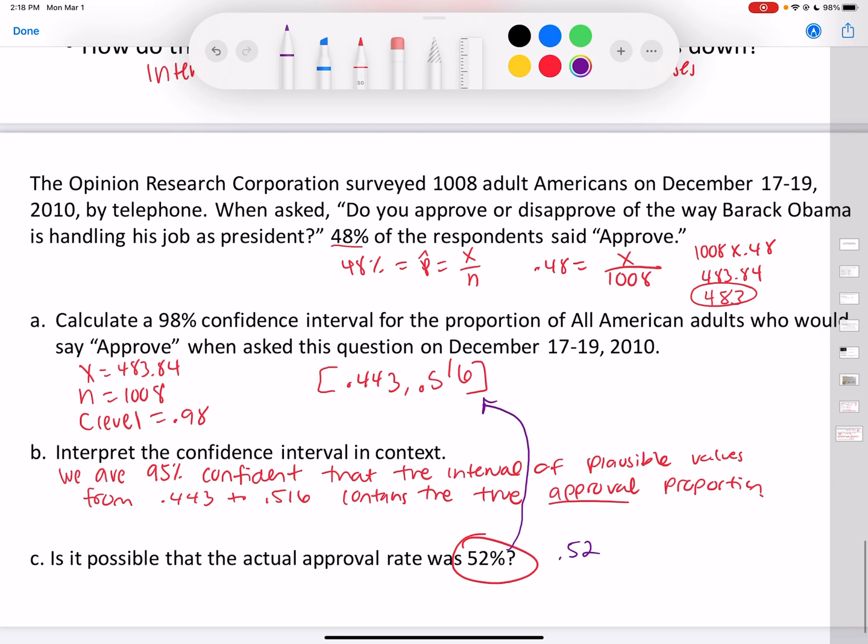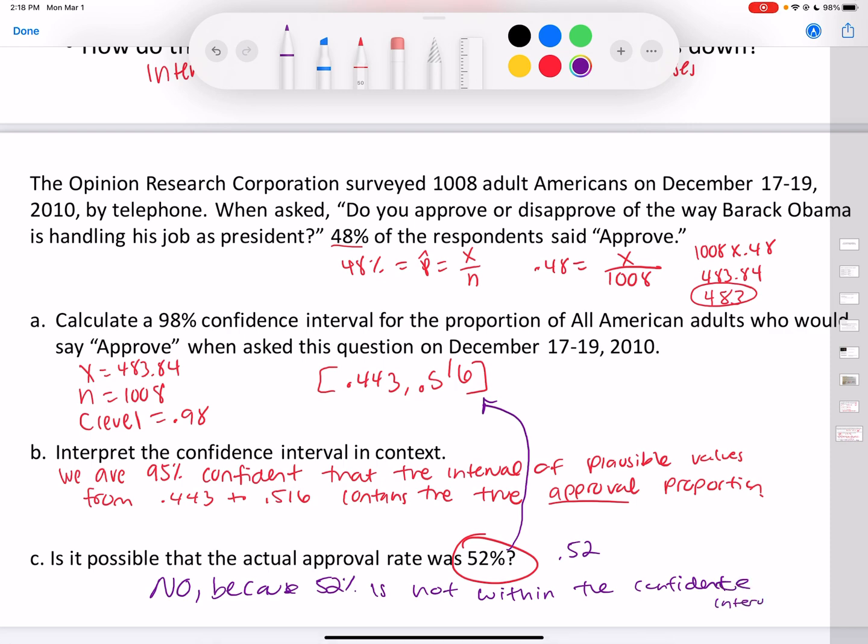And based on our confidence interval, we would say no, because 52% is not within the confidence interval.